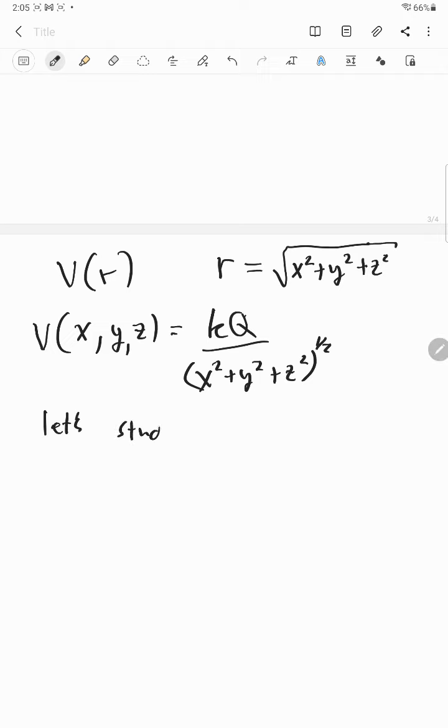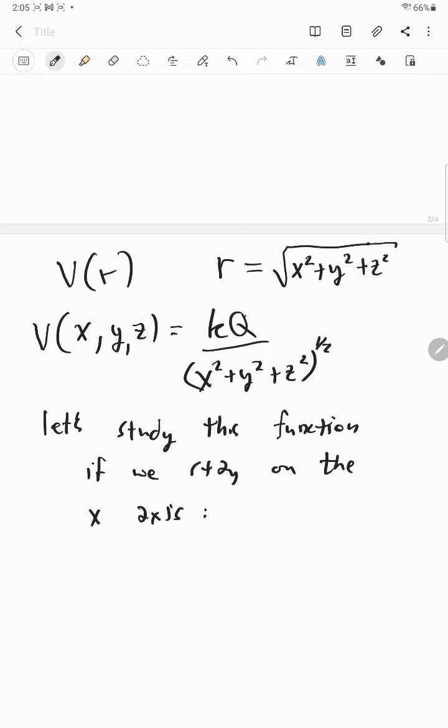Let's study this function if we stay on the x-axis. Staying on the x-axis means that y is equal to 0 and z equals 0. You just always set the coordinates y and z to 0.